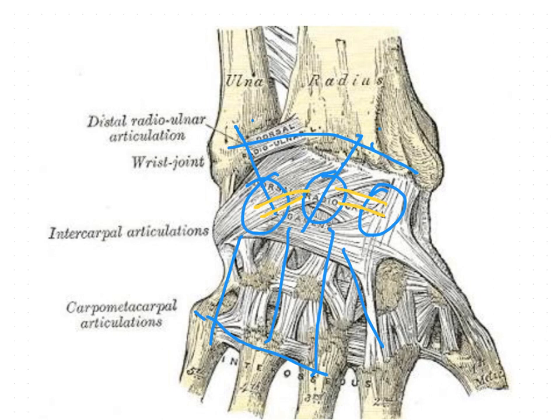Another study done by Novak and Logan found the intrinsic ligaments to be stronger and less stiff than the extrinsic ligaments. Okay, that means what? Whether dorsal ligaments or palmar ligaments, they are divided into extrinsic and intrinsic.